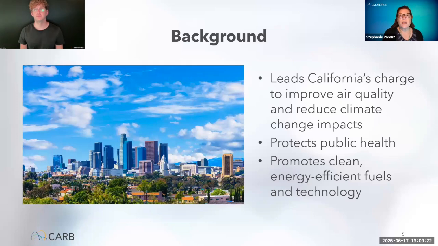The California Air Resources Board, or CARB, is part of a three-tiered system for improving air quality. This is comprised of the federal government through the U.S. Environmental Protection Agency, or US EPA, CARB at the state level, and regional air quality agencies.